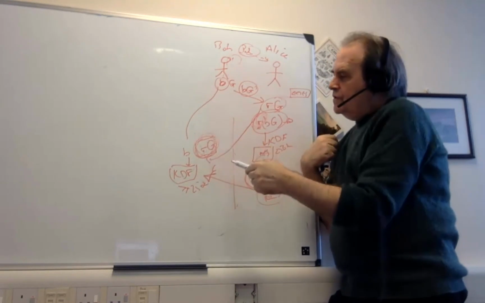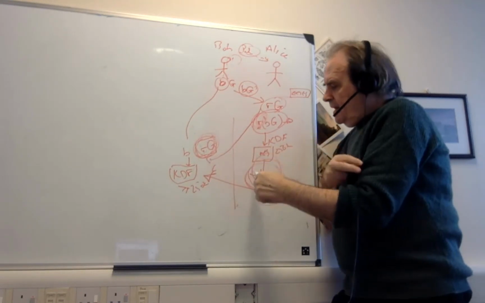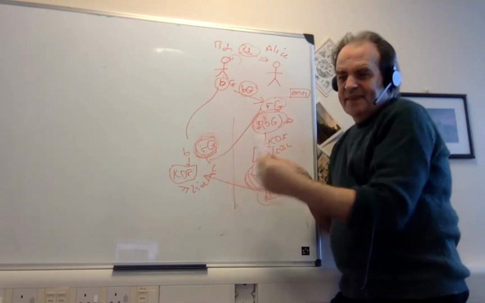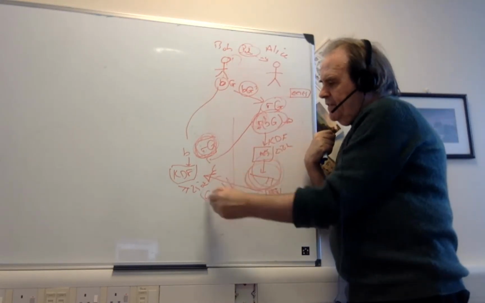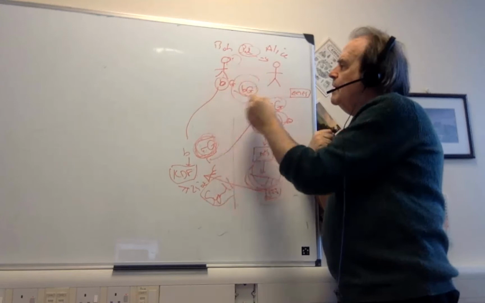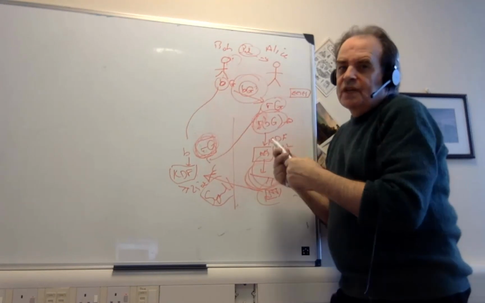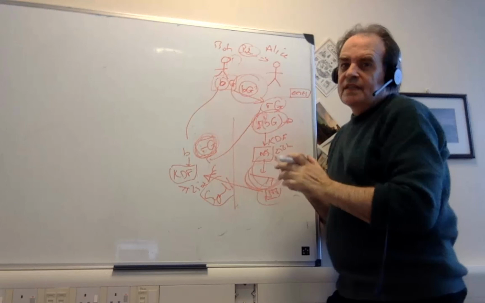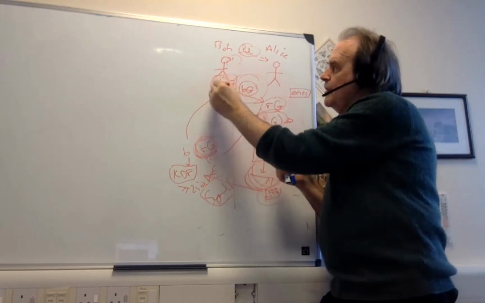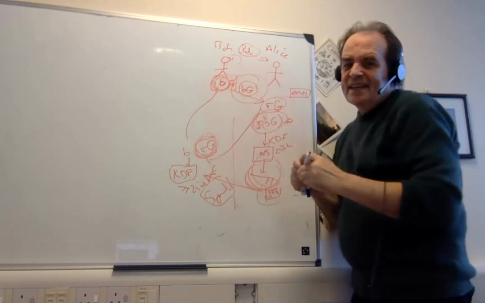So there's a randomization in there, and then they'll end up with the same key. In this case, we're using symmetric key for our encryption, but we're using public key to generate that key. So this is a very efficient way. Nobody ever gets to see Bob's private key in this case.